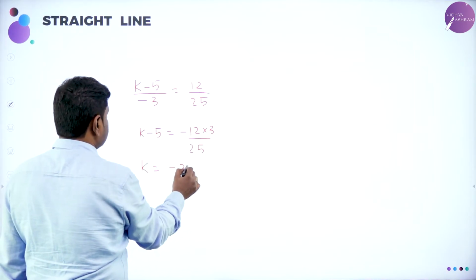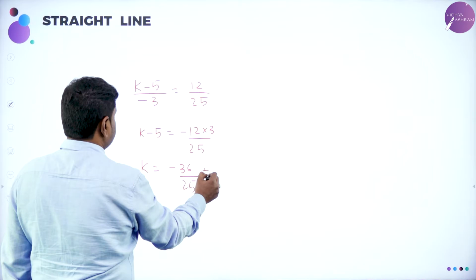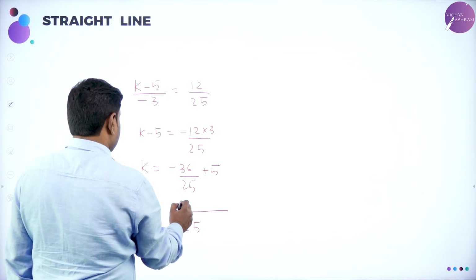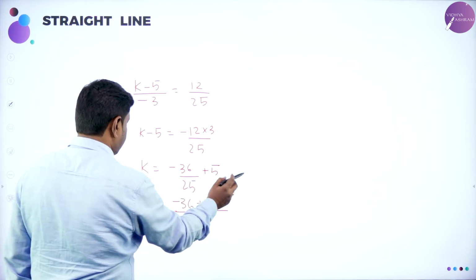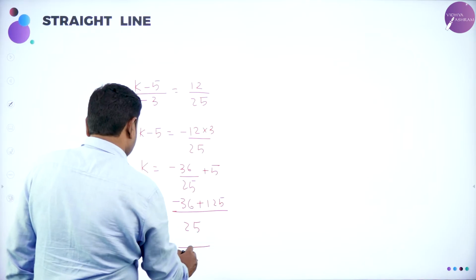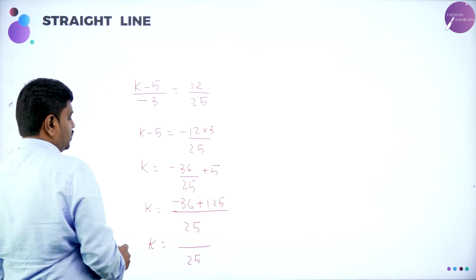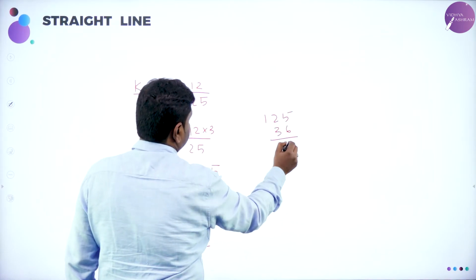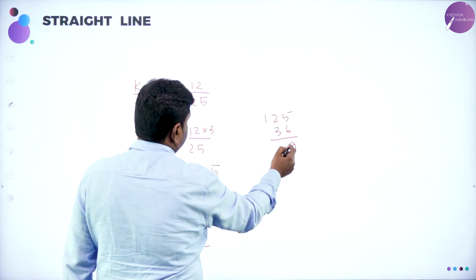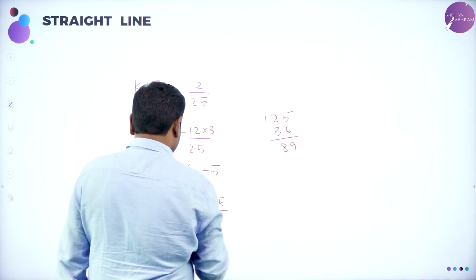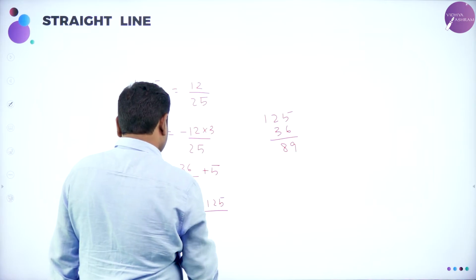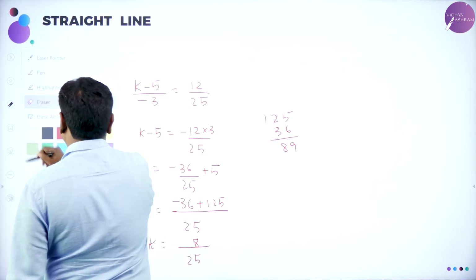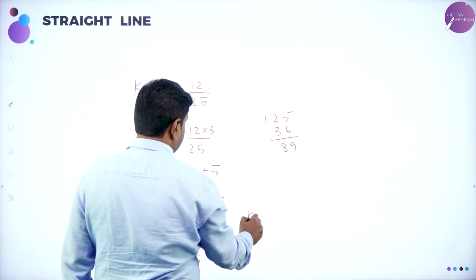So k is equal to minus 36 by 25 plus 5. 25 is the LCM again, so minus 36 plus 125, that is 89. k is 89 by 25.